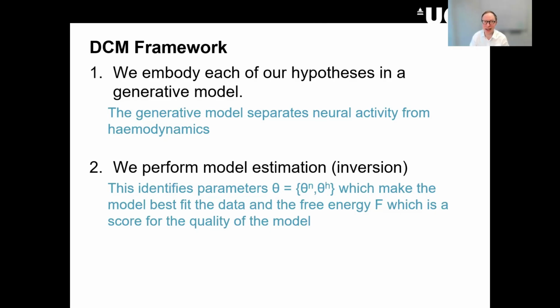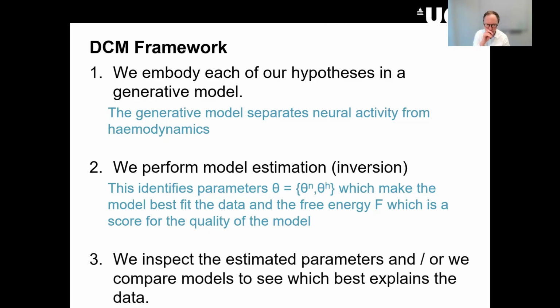So we could say there's like a 90% confidence that this connection is excitatory rather than inhibitory, for example. And it also gives us the free energy, which is a score for the quality of the model. We then inspect the estimated parameters and/or we compare models to see which model best explains the data. And that's conceptually DCM in a nutshell.